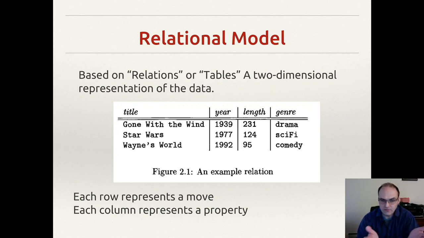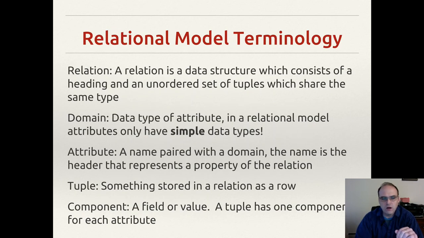But these analogize the same thing, right? So if we were to represent a movie as an object in a programming language, we would have an object called movie, and it would have properties of title, year, length, and genre. So far, you can kind of use that example to come across, and that will work really well.